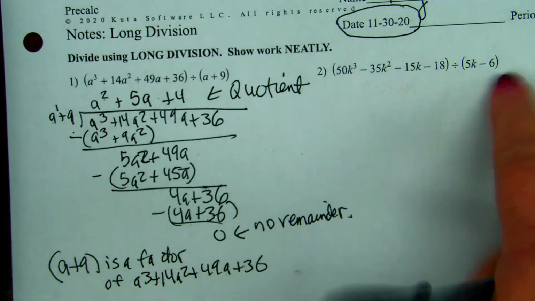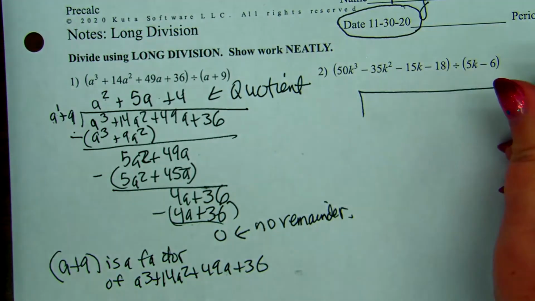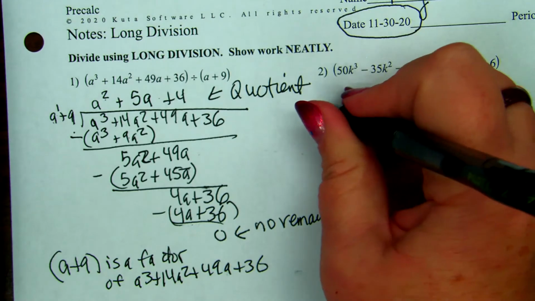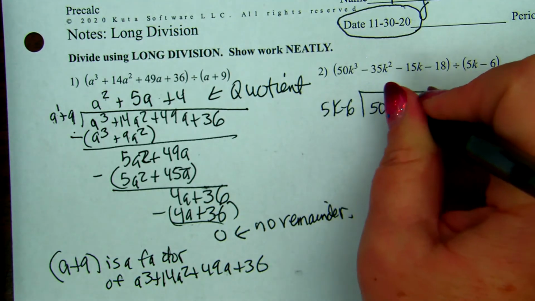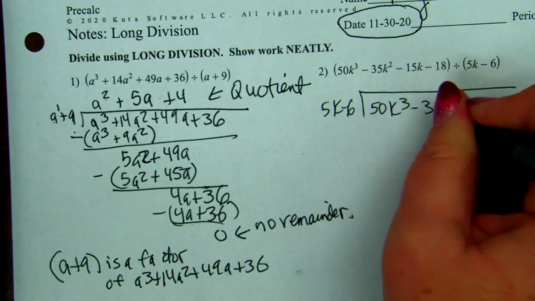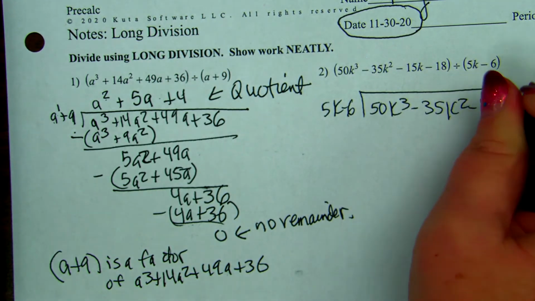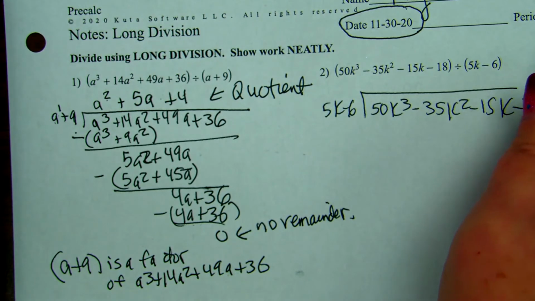Let's try this one. 5k minus 6, 50k cubed minus 35k squared minus 15k minus 18.